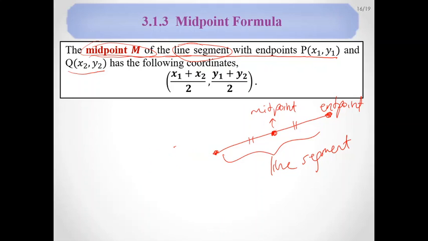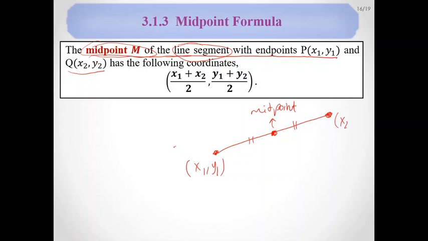Let's say the endpoints are (x1, y1) and (x2, y2), then the midpoint has coordinates x1 plus x2 divided by 2, y1 plus y2 divided by 2. So we add the x components and divide by 2, we add the y components and divide by 2.